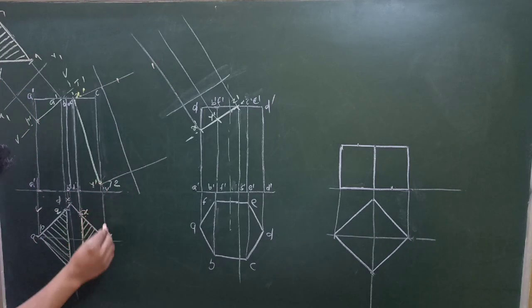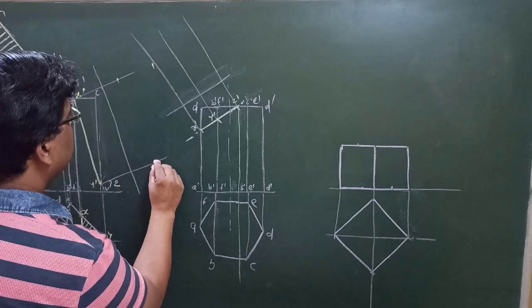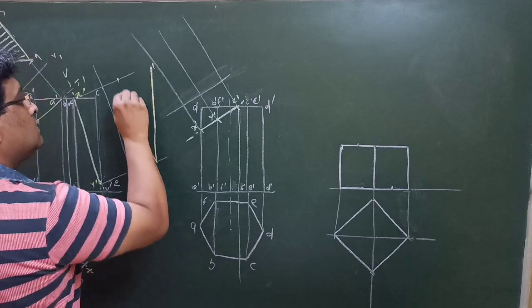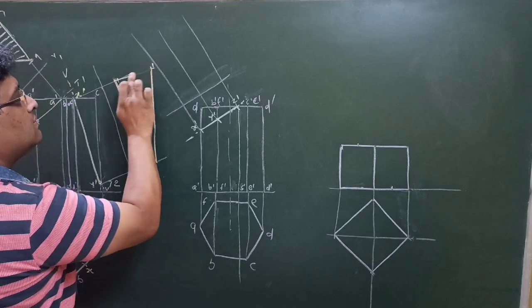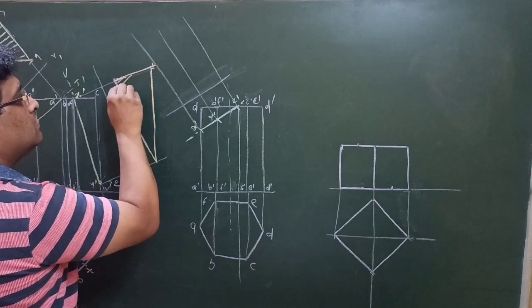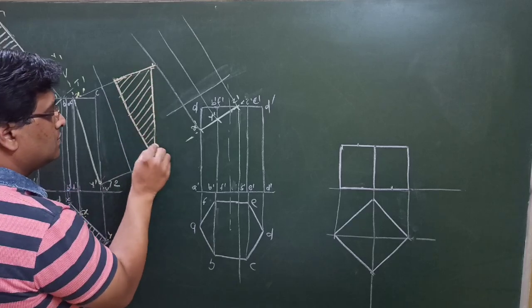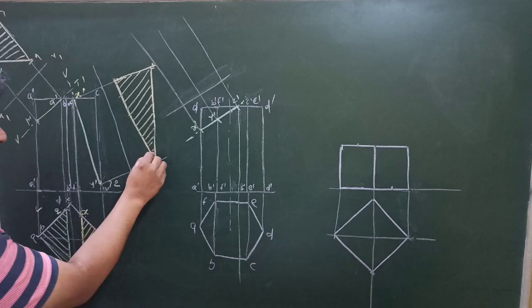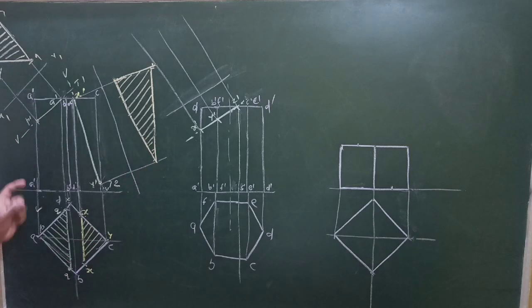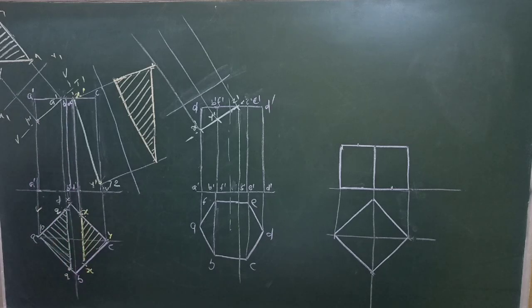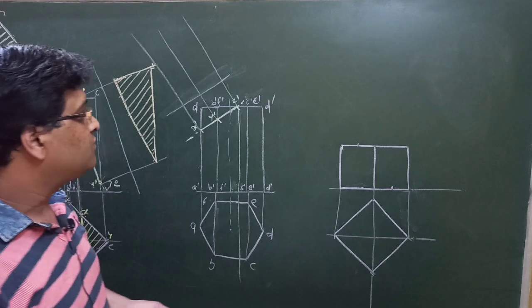So this may be the distance on this line. So this will be the true shape for this plane. So these two are the true shapes and these are the sectional top views of the cut part.